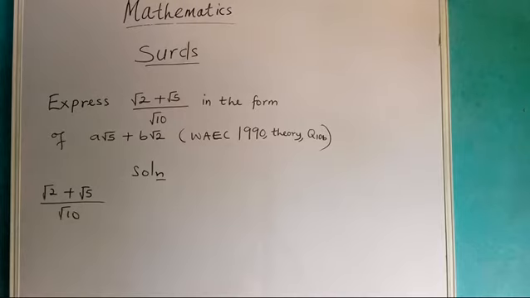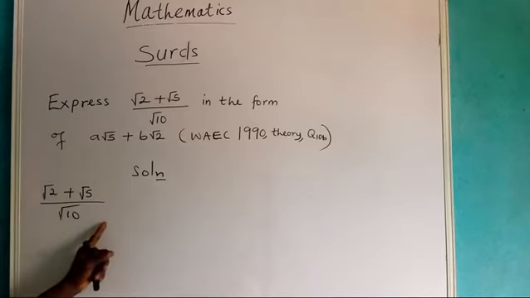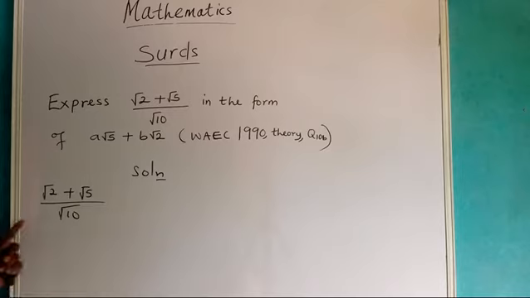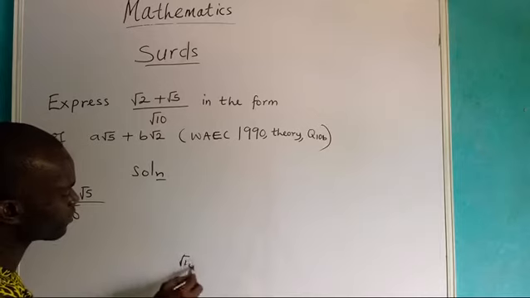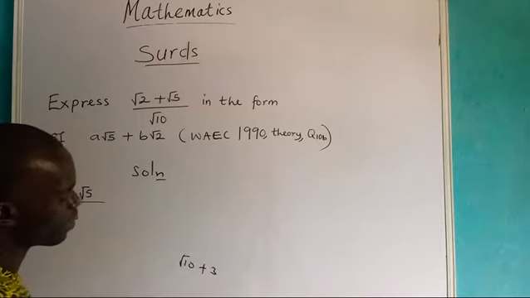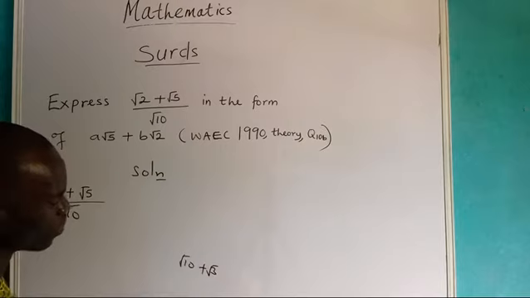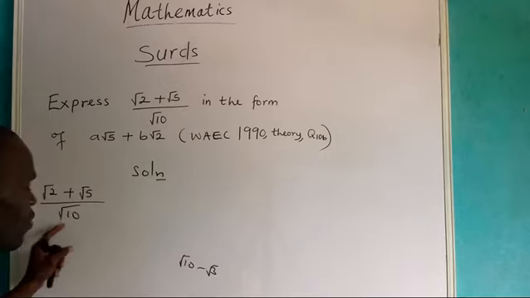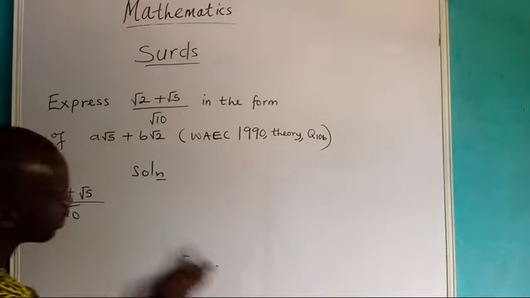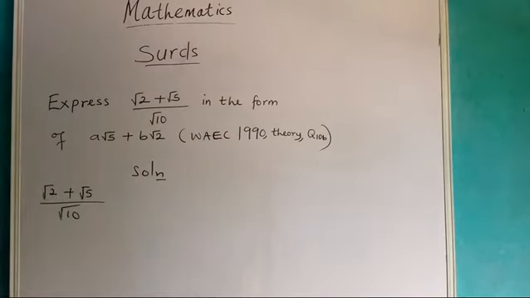This is a fraction, and at the denominator we have a single surd. If we have two surds with addition or subtraction in between, we simply take the conjugate of the denominator, like root 3 plus or minus root 2. But for this one, we have just a single surd.